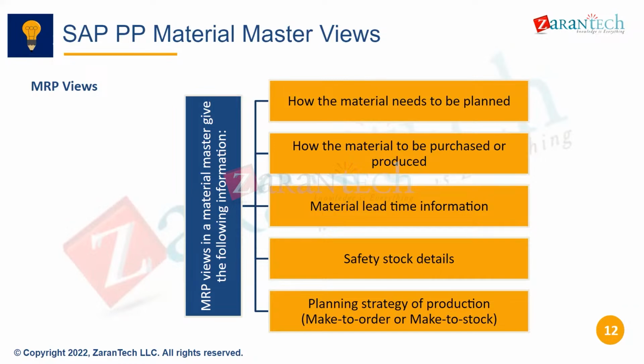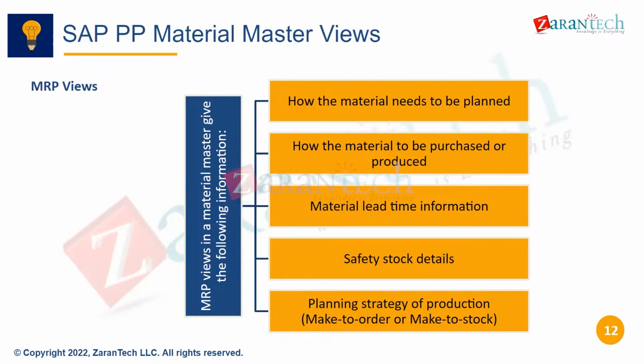Let's say it found a demand of 1000 for this particular SKU number. Now it looks at the stock. Let's say there are around 1100 straight away. There's no output of MRP because the stock is there. For that particular material, the system is not going to give any procurement proposal.